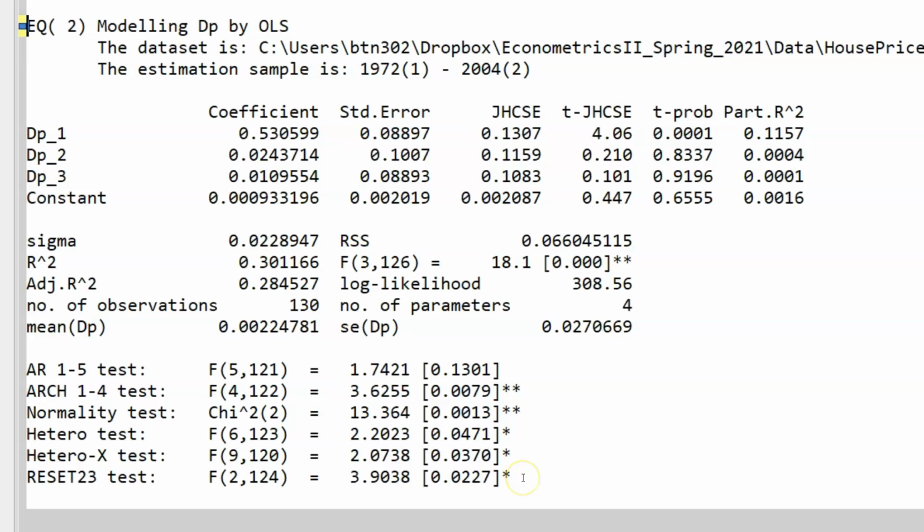If we just ignore the RESET test and simply conclude that the error term appears to be not autocorrelated but heteroscedastic, we may rely on these robust standard errors.